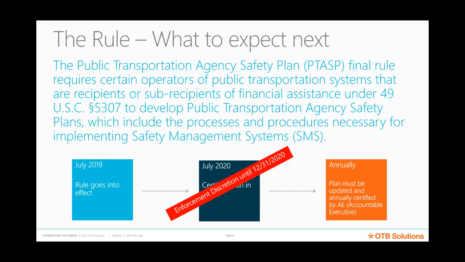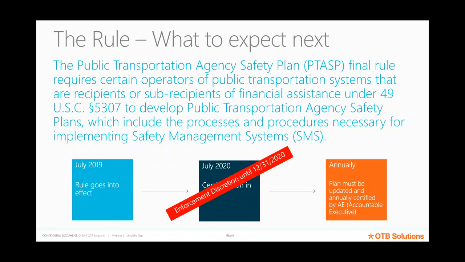That's 49 CFR 673, and it applies to any recipients and subrecipients of financial assistance under Formula 5307. This 673 rule was effective initially in July of 2019. However, FTA delayed the actual implementation date by a year to July 20th, 2020.